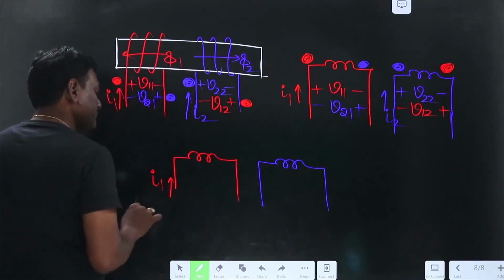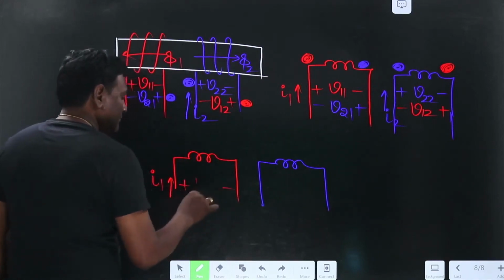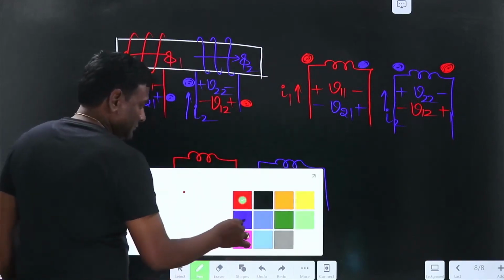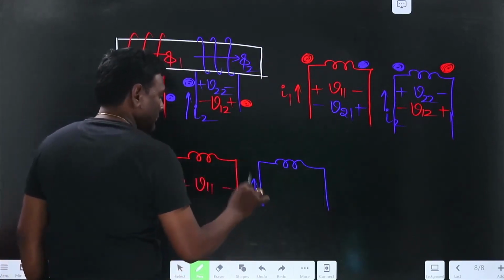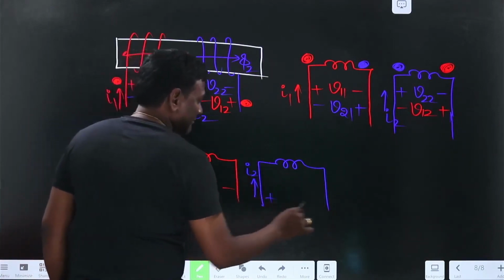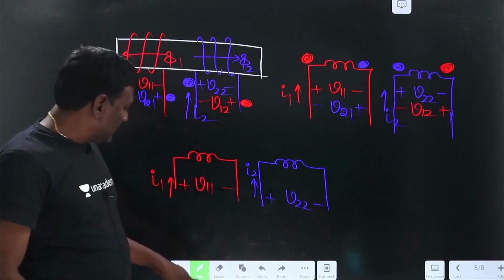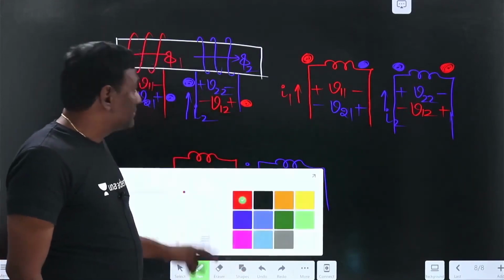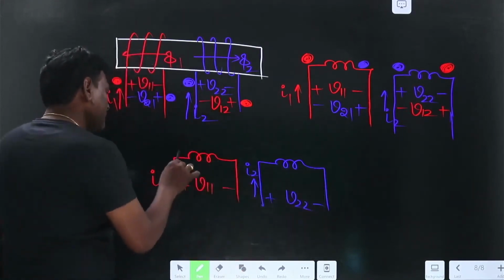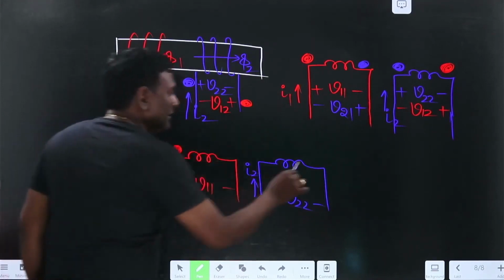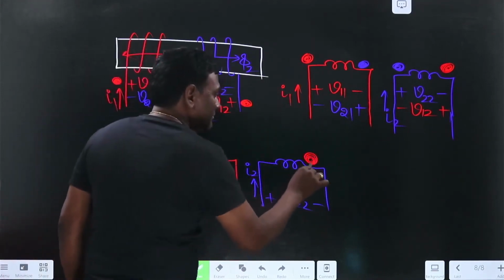I1 self will be like this, V11, I2 self will be like this, V22. After that, if I take red dots, only one dot. So if the red dot is here, the red dot is going to be here, right?